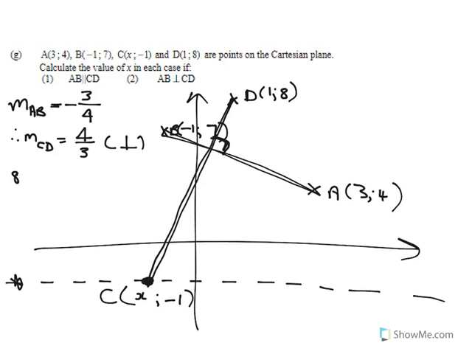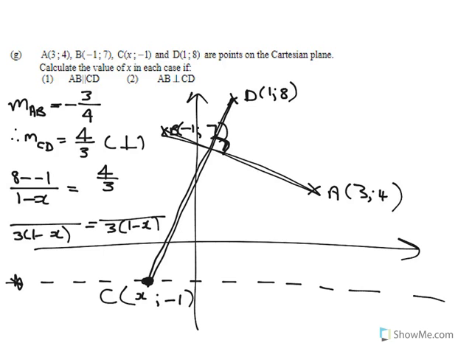So 8 minus -1 over 1 minus x needs to give me 4/3. I'm going to make a common denominator of 3 times 1 minus x this time. So at the top I'm going to have 9 times 3, and on this side I'll have 4 times 1 minus x.